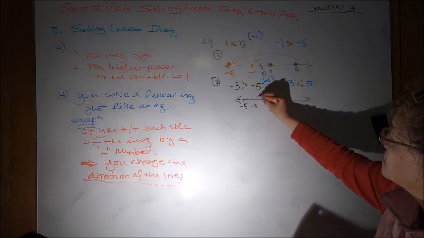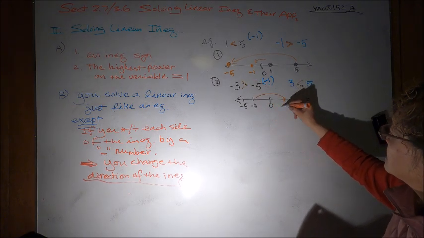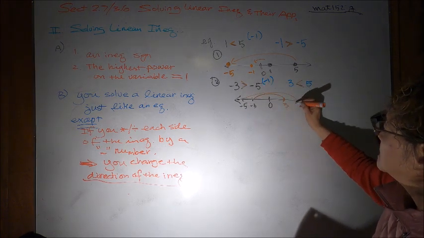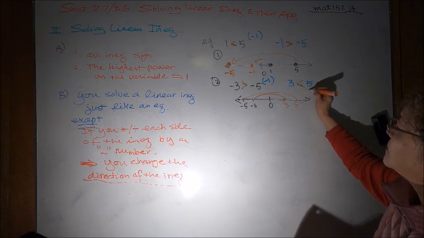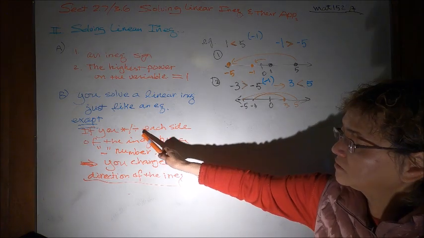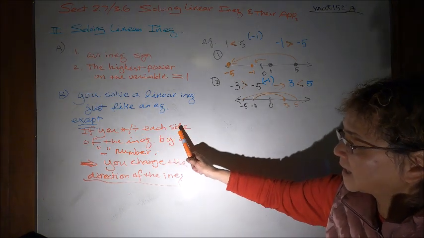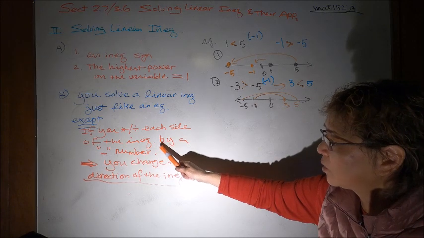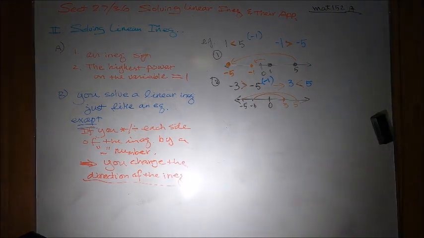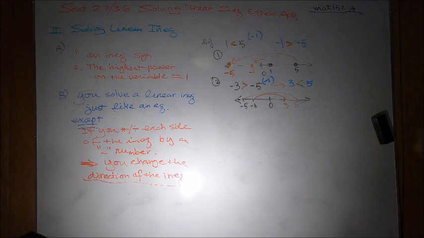Because when you do the opposite, that's a positive 3 now. That's your what? Positive 5. 5 becomes what? Bigger. That's what we are saying. If you multiply or divide each side of the inequality by a negative number, you need to change the direction of the sign.